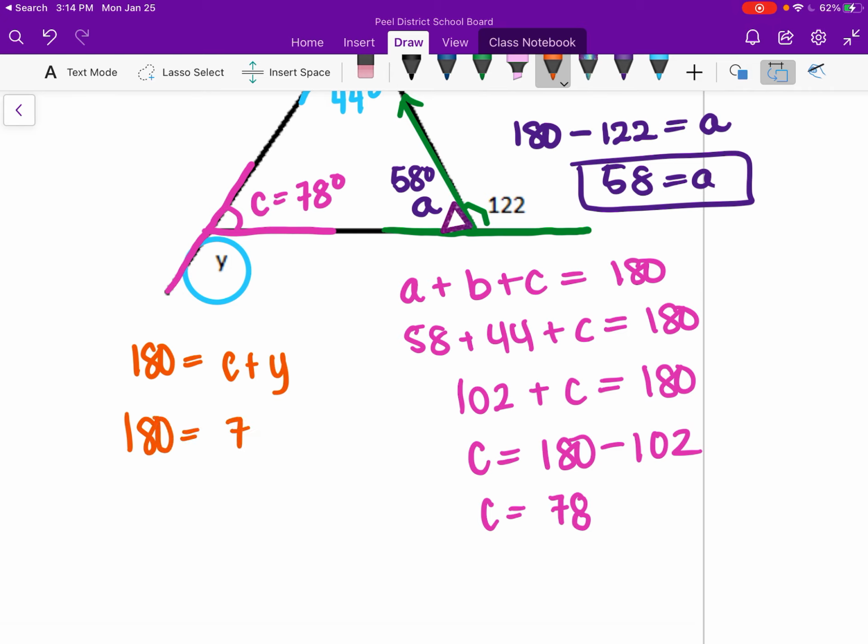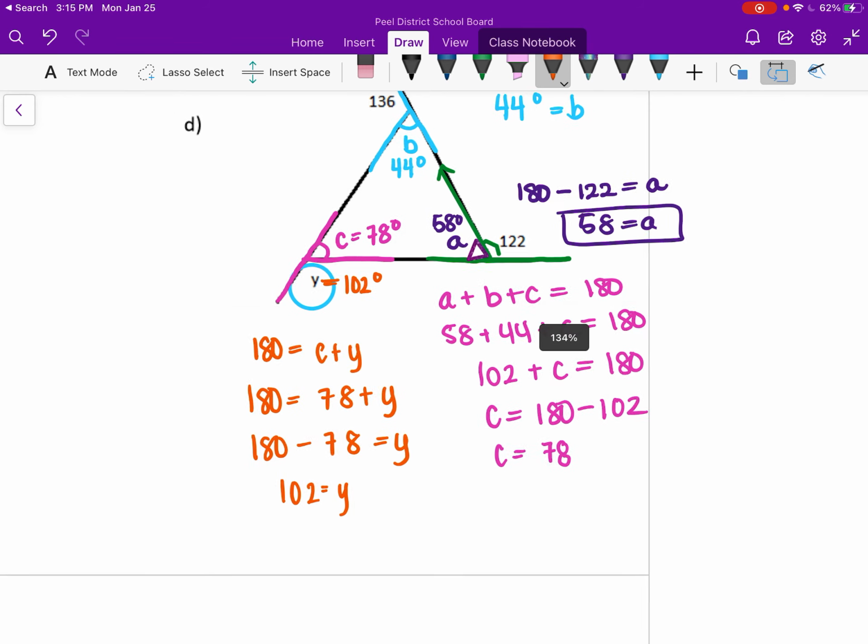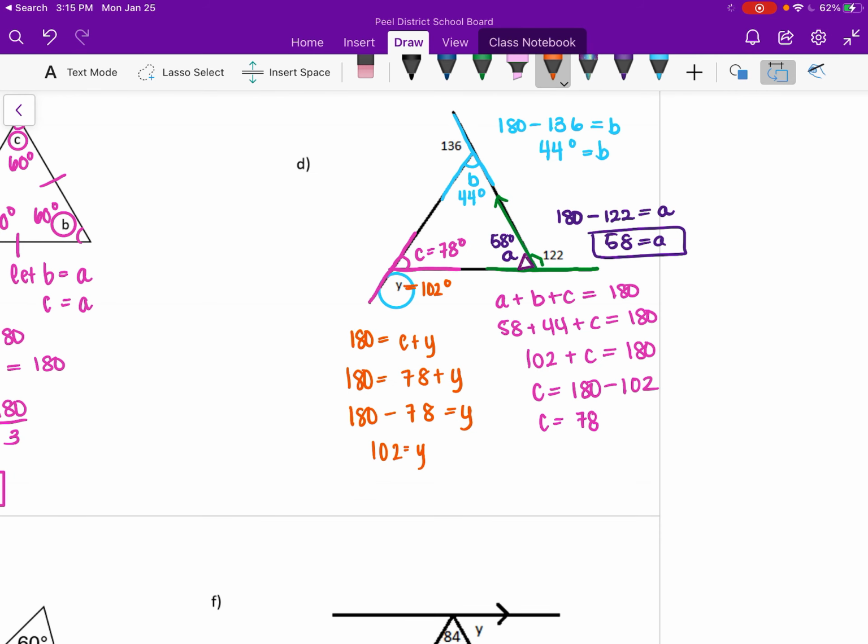It's 78 plus Y. So 180 minus 78 equals Y. Let's just do that. 180 minus 78 is 102, equal to Y. So I'm just going to put this is equal to 102 degrees. And now I'm able to find all of those corners. I know all of them.